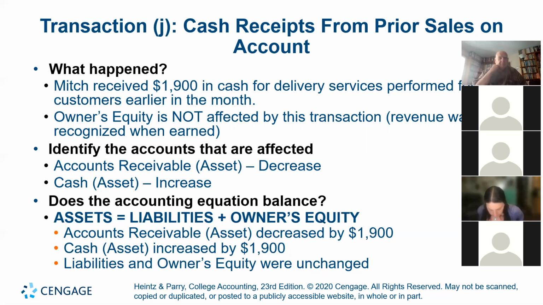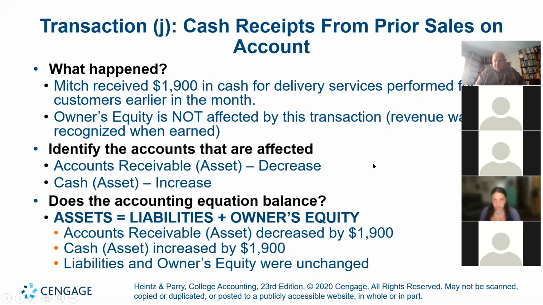Hey, remember that guy we just sold some pizza to? We sold like $2,400. Looks like he's paying a good chunk of it now, huh? We're getting cash for delivery services performed earlier in the month. Notice that equity is not going to be affected by this. Here, our cash is going to go up and the accounts receivable goes down.